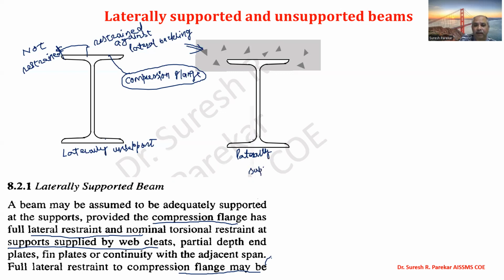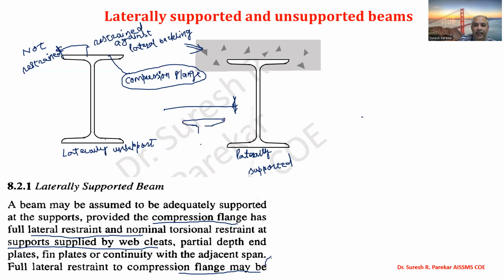Do not say top flange and bottom flange, because he may ask you a question about a cantilever beam. In that case, the flange, whether top or bottom, should be laterally supported or restrained.